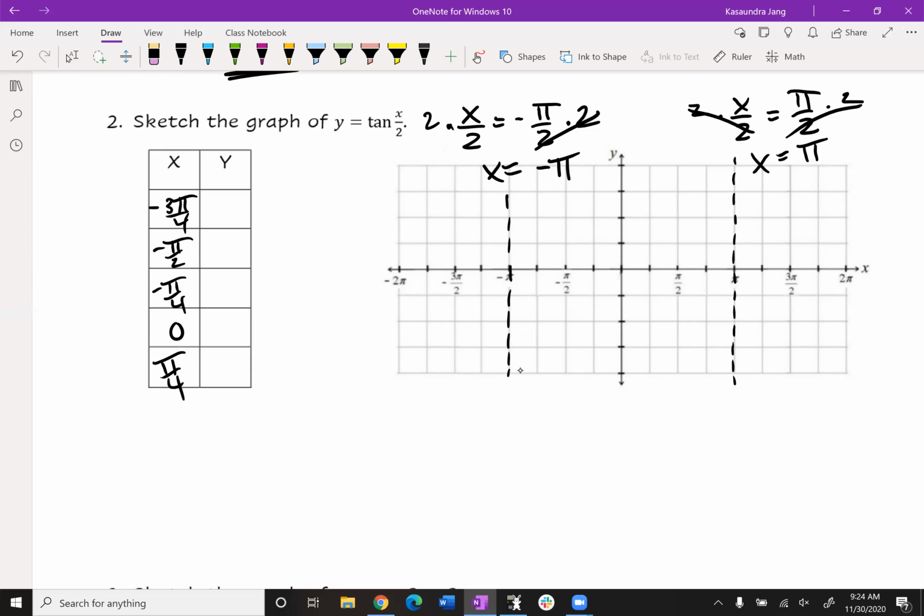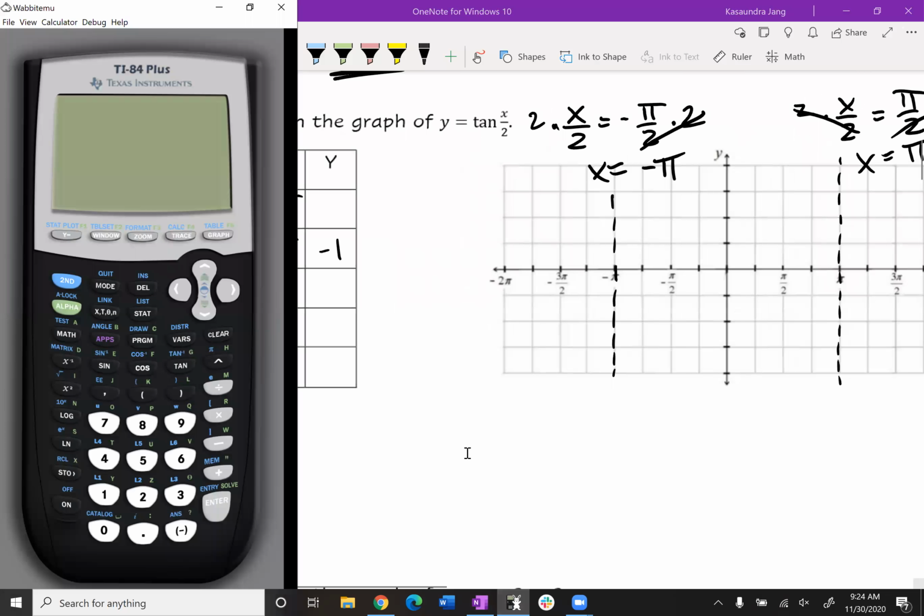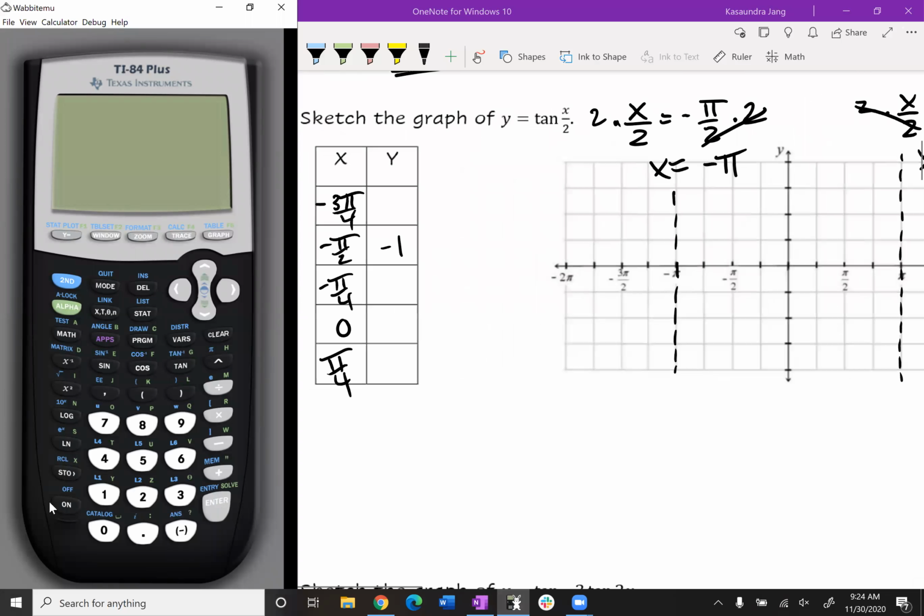All right, Fiona, let me know what you got. Oh, okay. Let's check that out. Jackson, you got a negative 1? Okay. So Fiona, you were putting negative 3 pi fourths in?